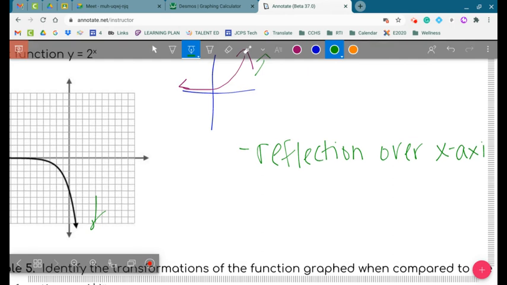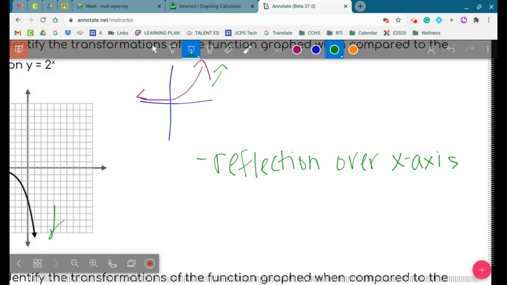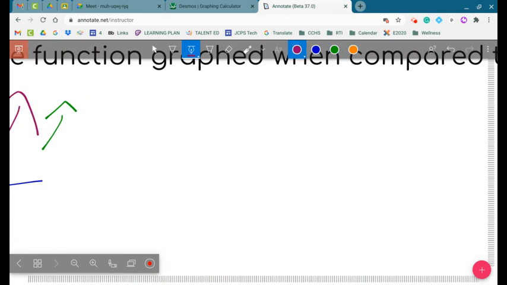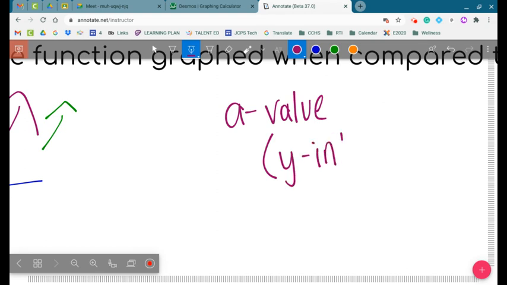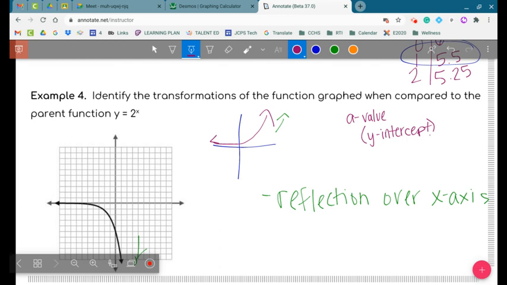And then we have to figure out what our a value is. Our a value is our y-intercept. But we have to make sure whenever we say y-intercept, our horizontal asymptote has to be 0.